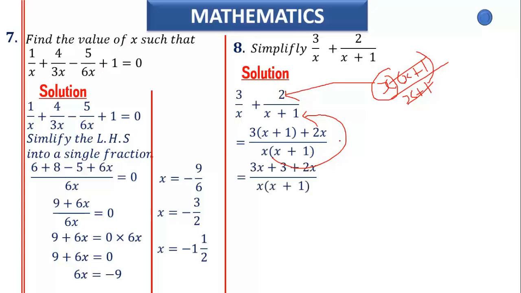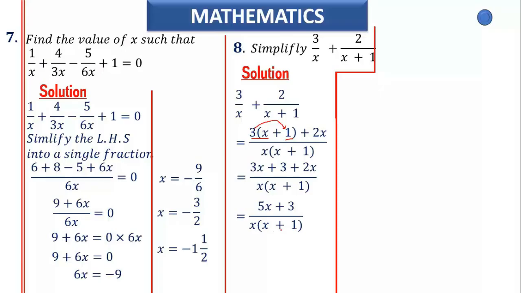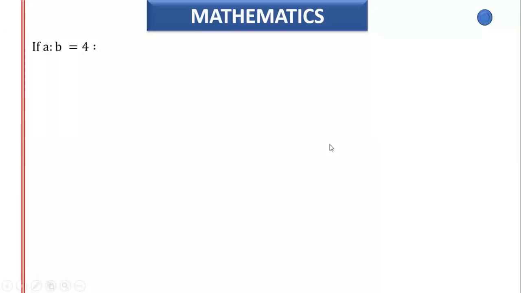Now we can simplify further by expanding this. 3 times x is 3x, and 3 times 1 will give us 3. So we have 3x plus 3 plus 2x over all of this. That's 5x plus 3 over x into x plus 1. At this point, there's nothing else that can be done, so you leave your answer as this. It's as simple as A, B, C.